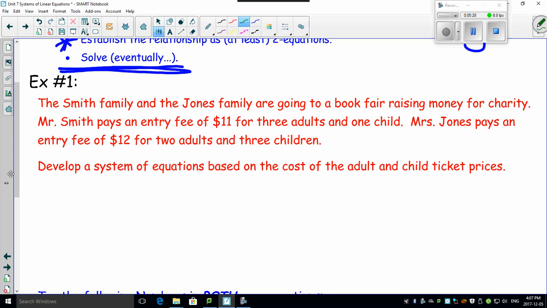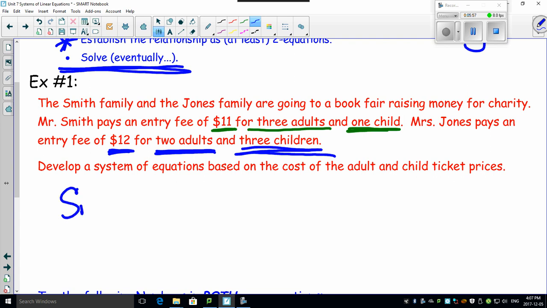Mr. Smith pays an entrance fee of $11 for 3 adults and 1 child. That's important. Here comes our next part. It says Mrs. Jones pays an entrance fee of $12 for 2 adults and 3 children. There's our system.